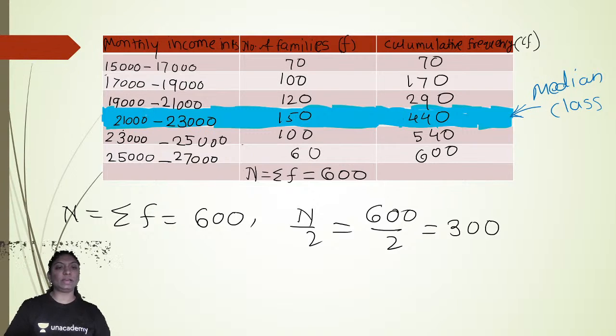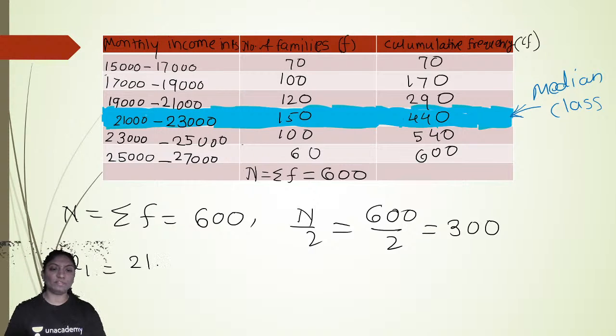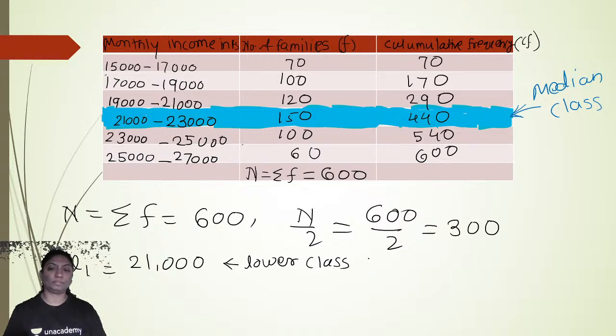So we will take the L1, L2, lower class limit, upper class limit. So lower class limit L1 is equal to 21,000, the lower class limit of that median class.